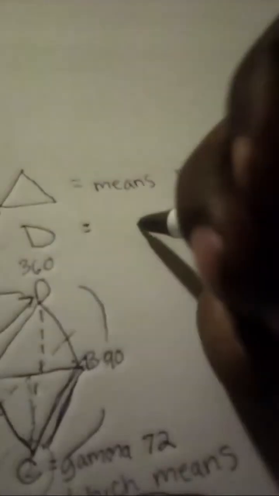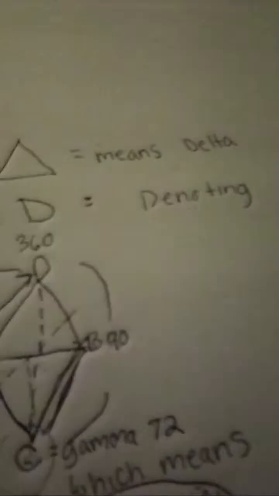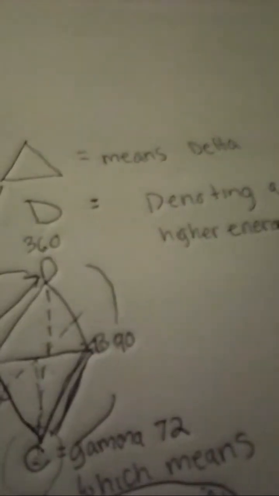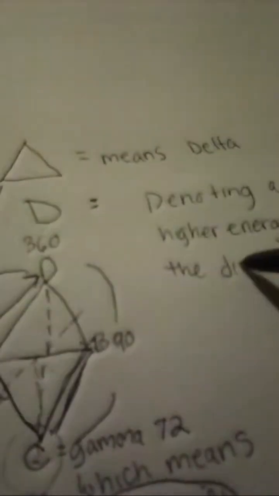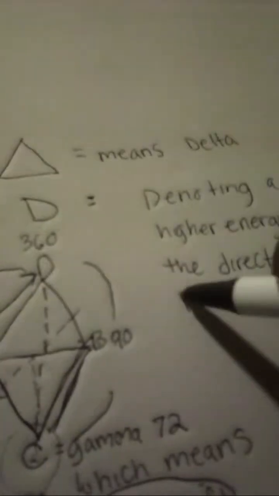It's the fourth letter, D. What does D mean? It's a symbolism as a triangle. What does triangle mean? Denoting a higher energy in the direction it proceeds.